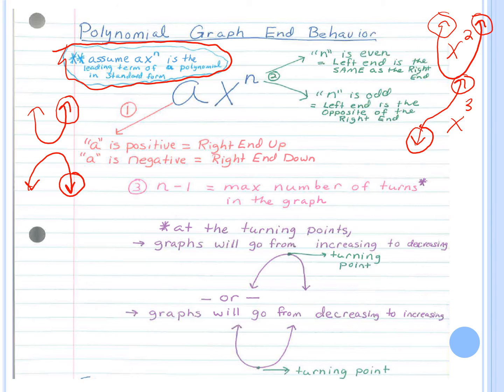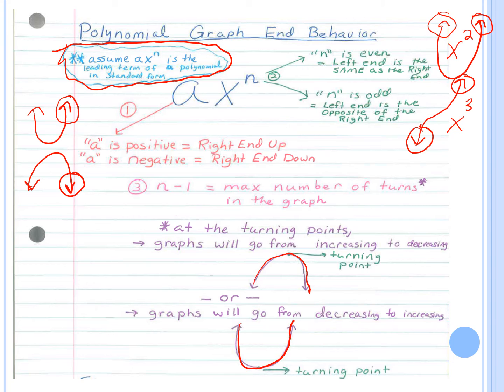A turning point is where our graph will go from increasing to decreasing, or decreasing, decreasing, decreasing, turning point, increasing, increasing, increasing. So our turns are like our peaks and valleys, okay? So if we do n minus 1, that tells us the maximum number of turns that we can have.